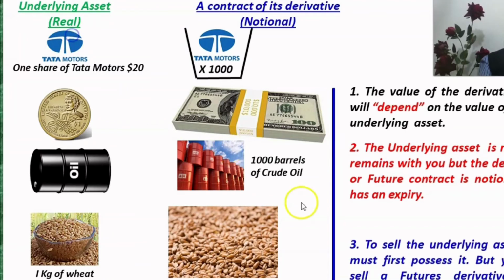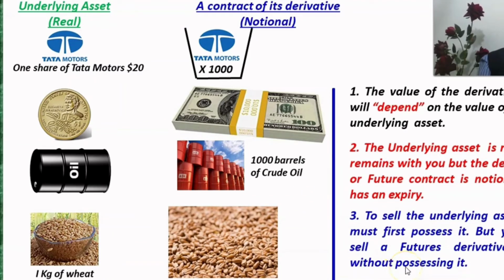All right. And the third thing is that if you want to sell the underlying asset, for example, the Tata Motors share or the barrel of oil or anything from this, you must first possess it. Only if you have this underlying asset, you will be able to sell it.